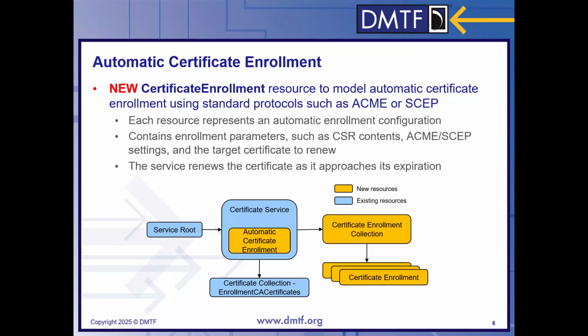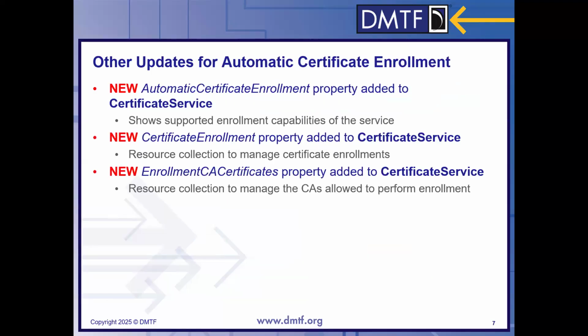And so where you'll see this is in the existing certificate service resource, we've added a new object called automatic certificate enrollment that has capabilities of the service for performing automatic certificate enrollment. And then there's your certificate enrollment collection hanging off of certificate service to show all the configured automatic certificate enrollments. So some of the other updates, we already went through a bit of them.